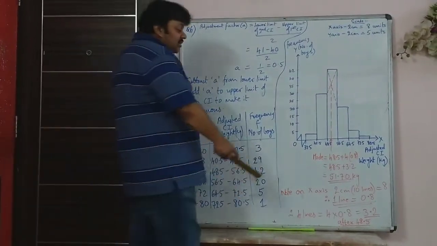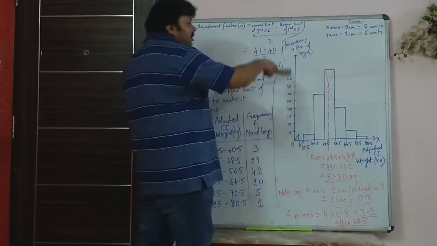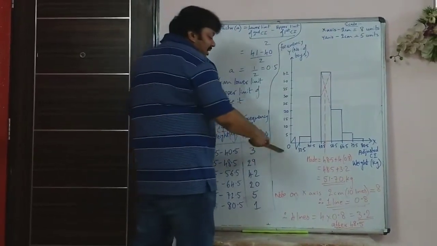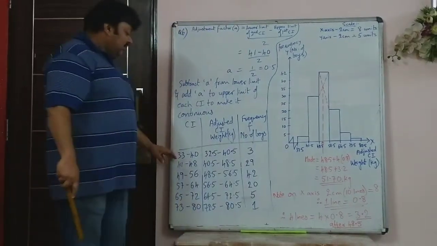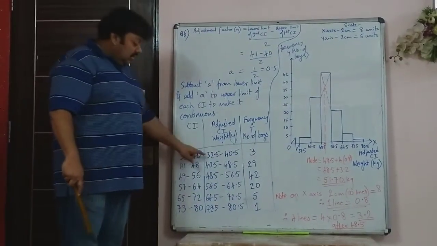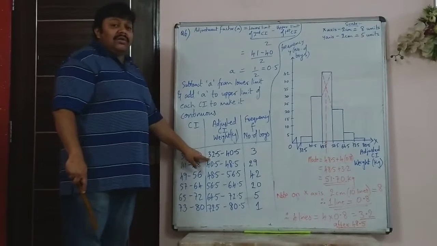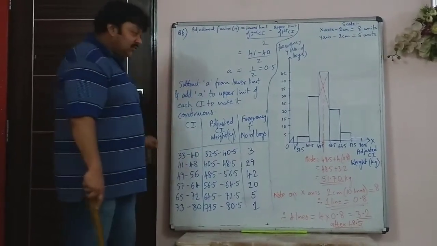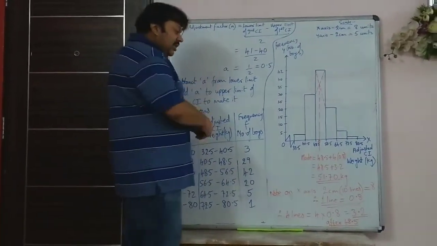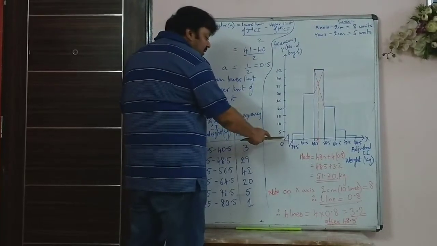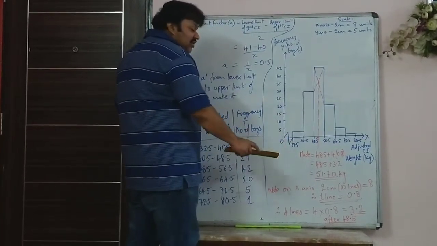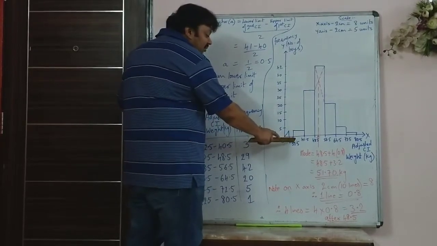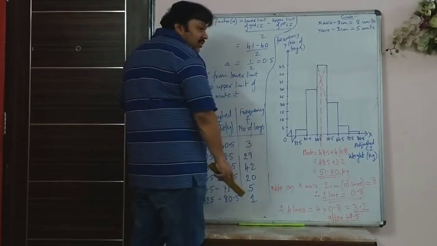So that's the x-axis and that's the y-axis. On the x-axis, you have drawn a kink because the first class does not start from 0. The first adjusted class is starting from 32.5. So at exactly the end of 2 centimeter, you show a kink and a bold line, and there itself you mark it as 32.5.